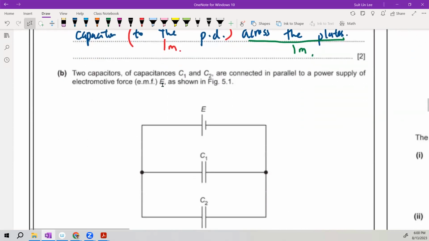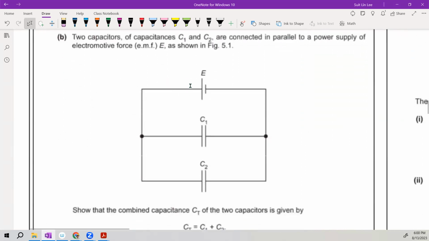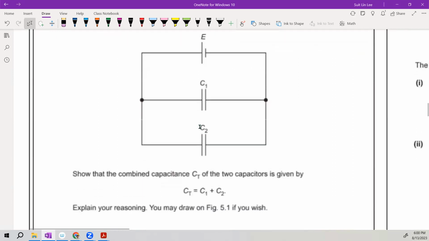Right, part B, we have 2 capacitors in parallel to a power supply, and you're asked to show the combined capacitance. Okay, I'll show it here very quickly. This one is connected in parallel, so I expect the potential difference here to be E, and the potential difference here to also be E, because they are parallel connection, so the potential difference will always be the same. Next.